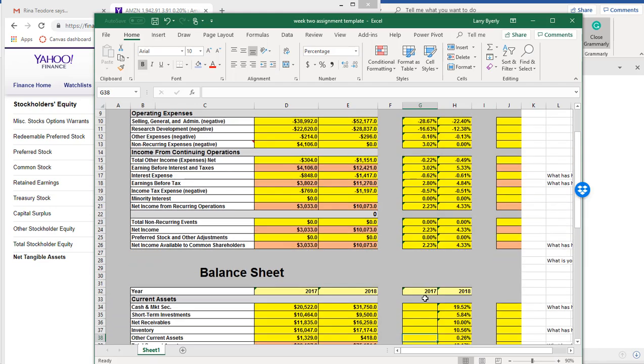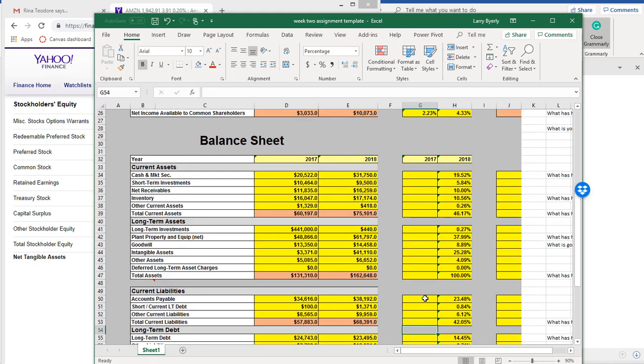So now to go down to the balance sheet, now everything on the balance sheet is divided by total assets. So we'll put our formula in, equals this line item divided by total assets. And again, we want to lock that in with F4.